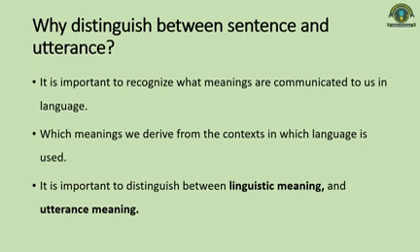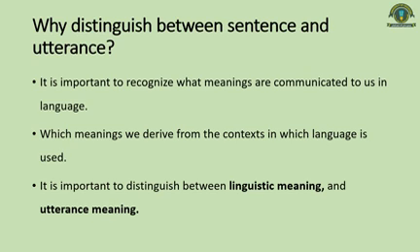We have discussed so many things about sentence and utterance. Now here is one question. Why distinguish between sentence and utterance? Why are we distinguishing? Because it is important to recognize what meanings are communicated to us in a language and which meanings we derive from the context in which language is used.